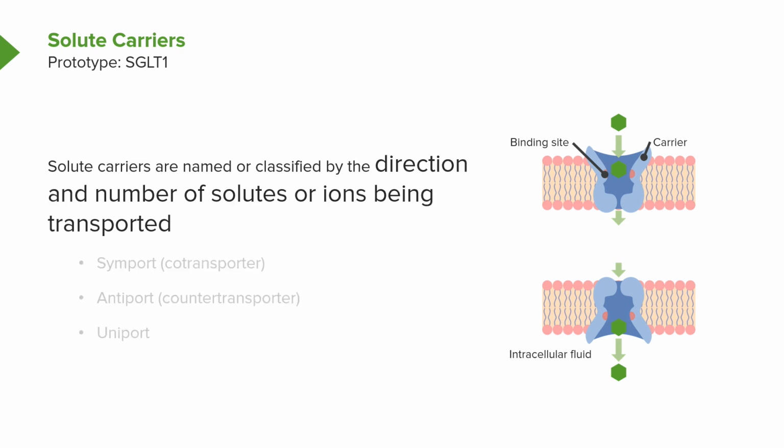For our particular prototype, we are going to use one that requires a co-transporter that's being brought along. If the solute is brought along in the same direction, it is called a symporter or co-transporter. If it involves a substance that will go the opposite direction, it's called an antiporter or countertransporter. Or finally, we have things that just move through by themselves, or uniporters.